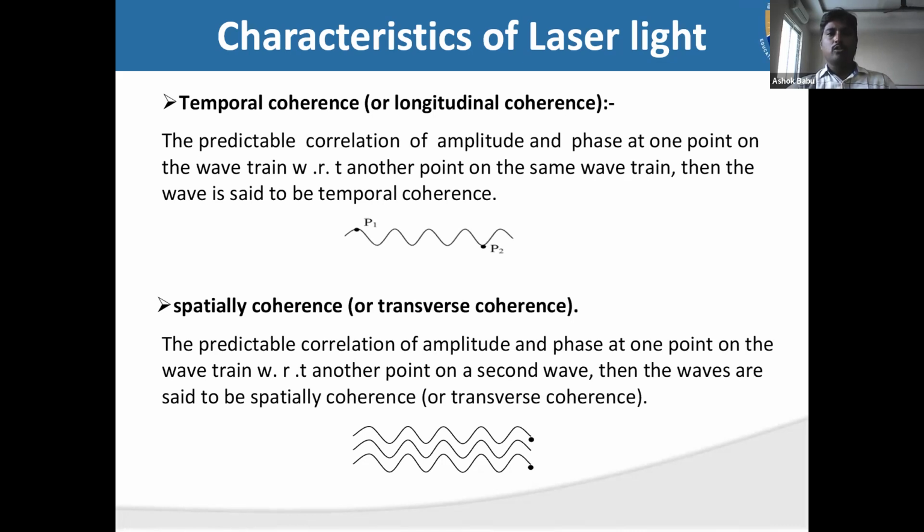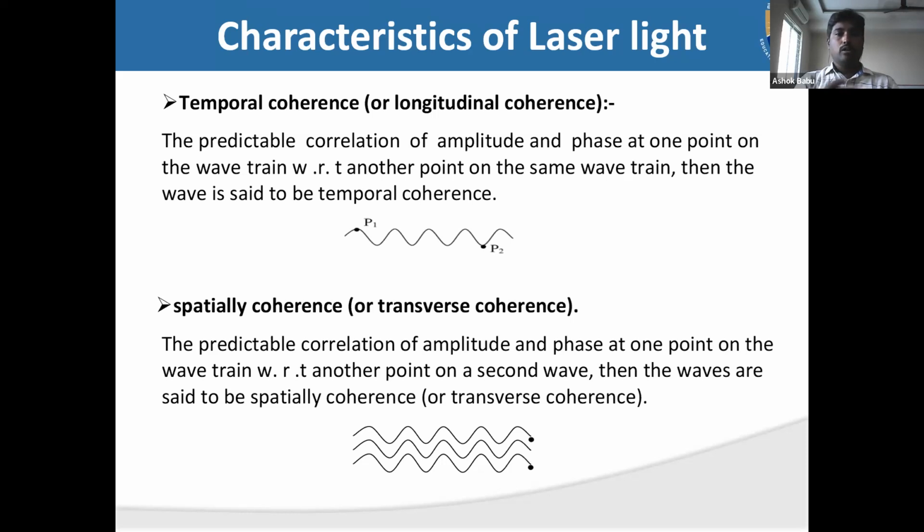In temporal coherence, we can measure or predict the amplitude and phase with respect to another point in the same wave train. But here we predict the amplitude and phase with respect to another point of another wave.